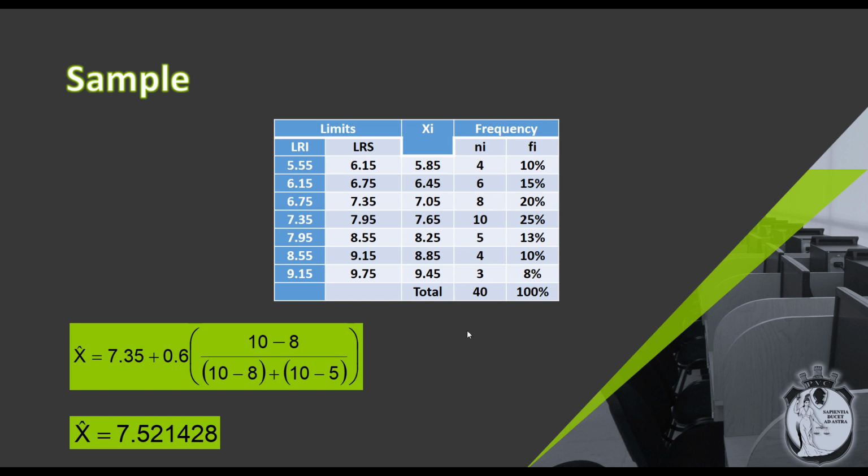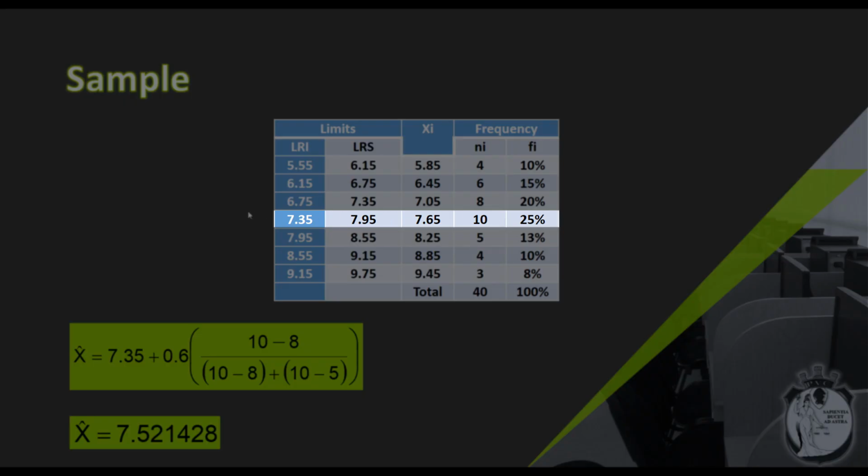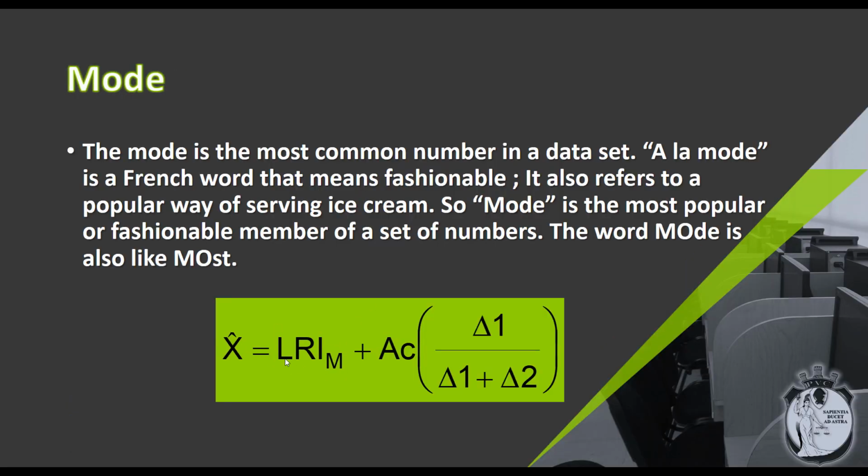In that case it matches, maybe in other cases no. So this is the most common, the higher number of frequency. So you use that formula, and you will choose the most common number.